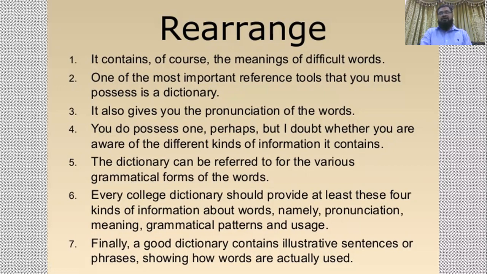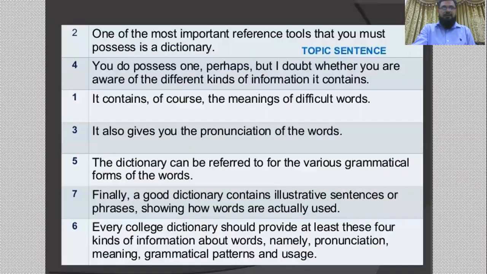Now you see, there is no coherence. One sentence is about one thing, another about something else. Now you see, I've arranged this for you. One of the most important reference tools that you must possess is the dictionary. This is the topic sentence. This is about the dictionary. So you should start from here.